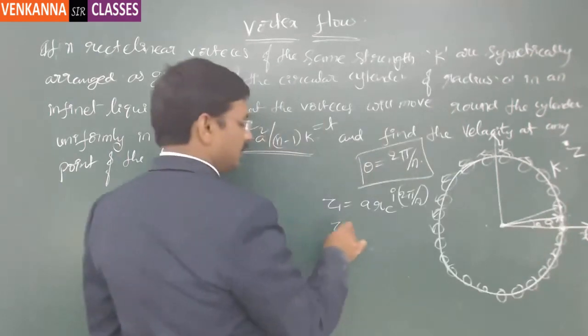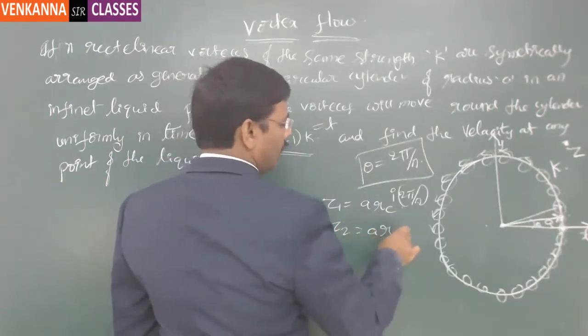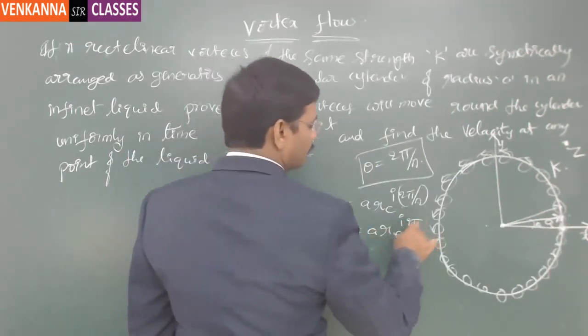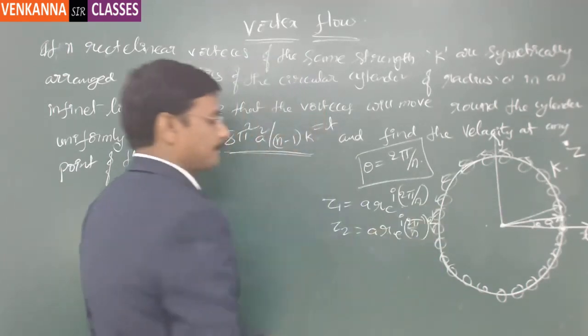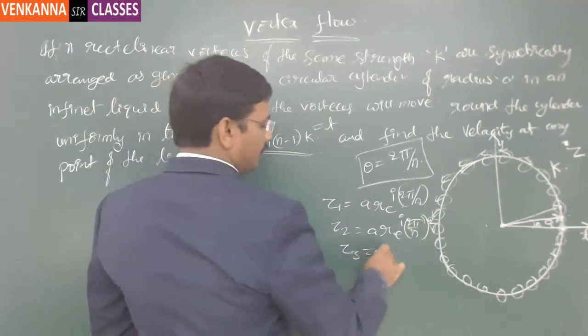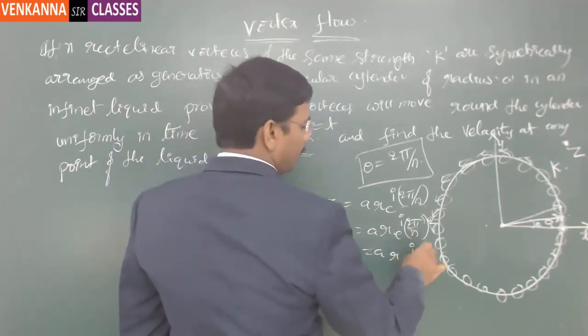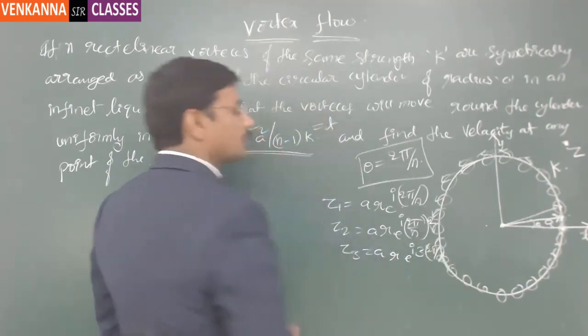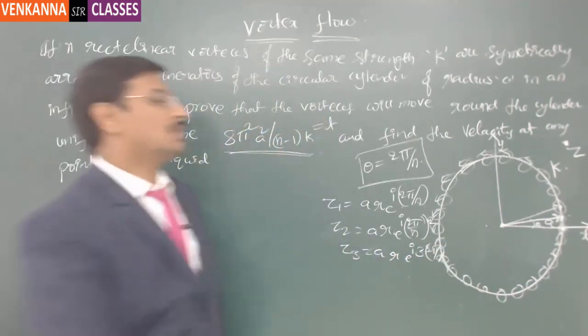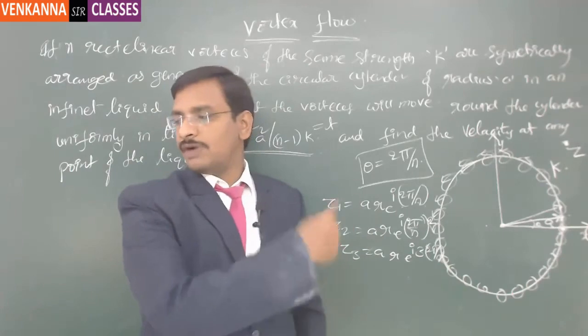Z2 will be A times R e power I 2 pi by n times 2. And then Z3 will be A times R e power I 3 times 2 pi by n. So this is how all the vertices are located at different locations.